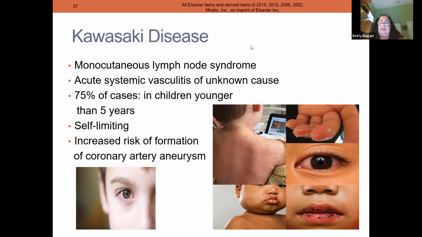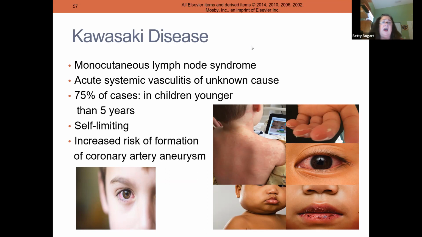So it decreases blood clots, and aspirin is an anti-inflammatory, decreasing the inflammation, and the IVIG for about a month. And when these children come in and we start this treatment as soon as possible, we're going to do an echocardiogram. We want to see what those coronary arteries look like. And they will be followed up maybe a month later to look at it.